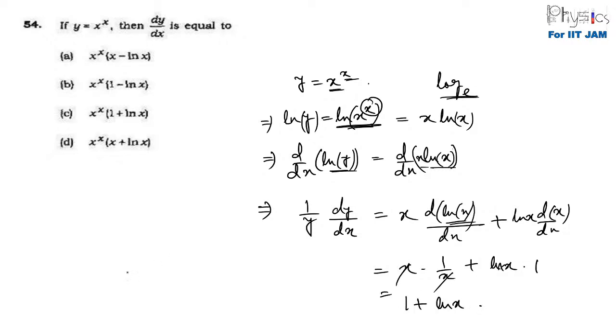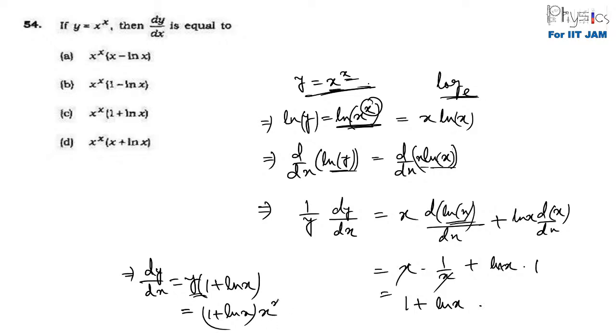So we get dy dx equal y times 1 plus ln x. Now what is y? y is simply x to the power x. So 1 plus ln x multiplied by x to the power x. Our correct option is C, x to the power x times 1 plus ln x.